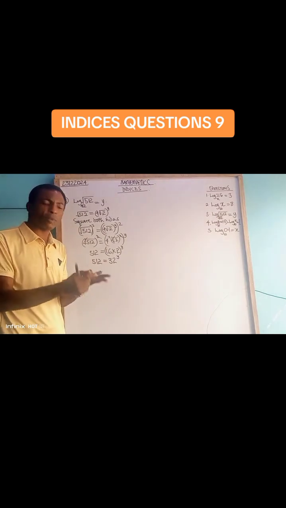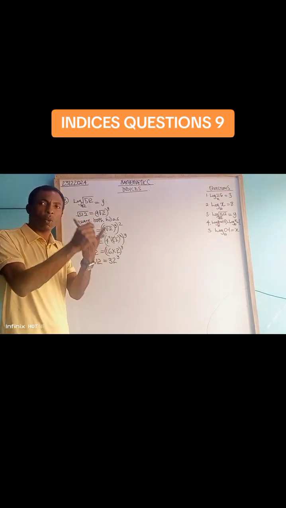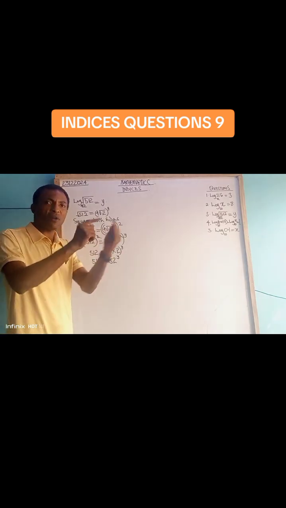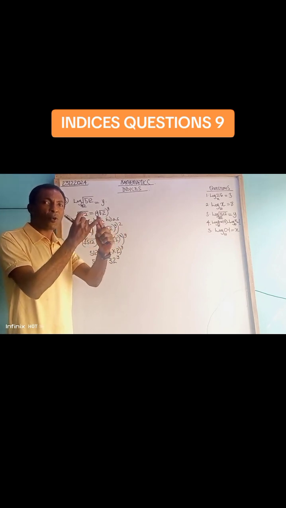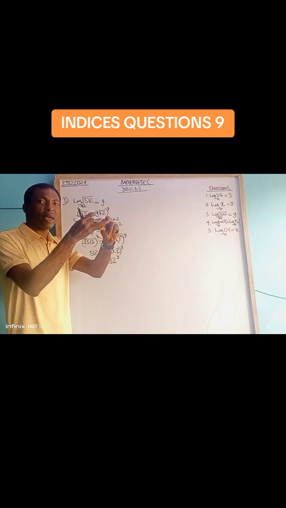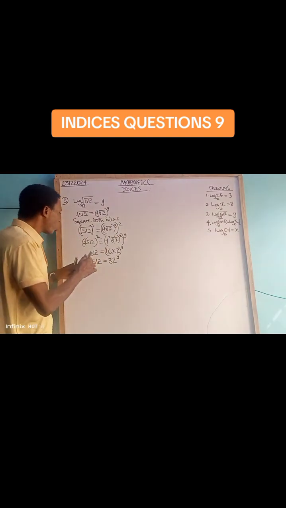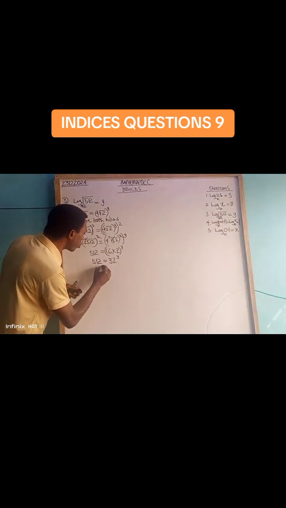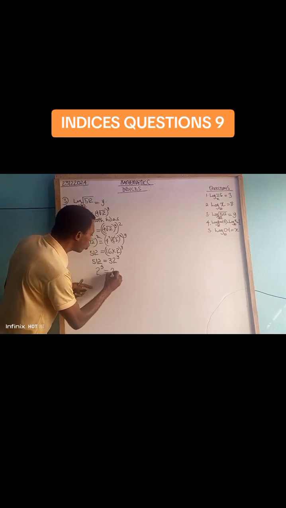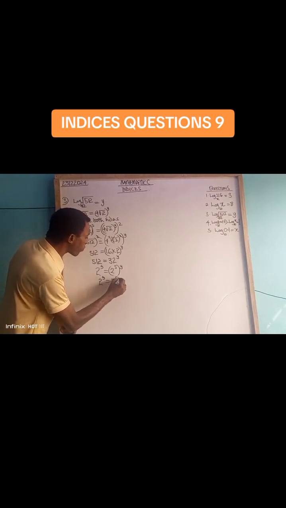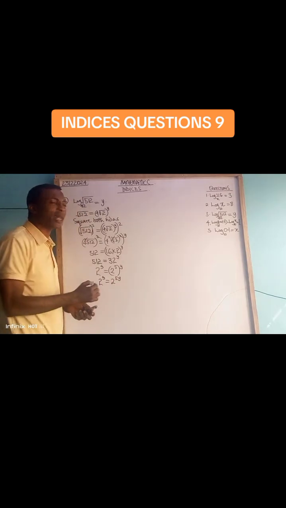We have 2 times 2 will give us 4, times 2 will give us 8, then 16, then we have 32, 64, 128, 256, then 512. So that will be 2 raised to power 9 is equal to 2 raised to power 5. Don't forget we are still having y. So the next thing we have is 2 raised to power 9 is equal to 2 raised to power 5y, because the two of them are powers, then you multiply them.